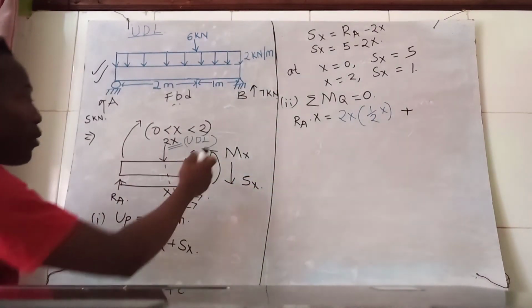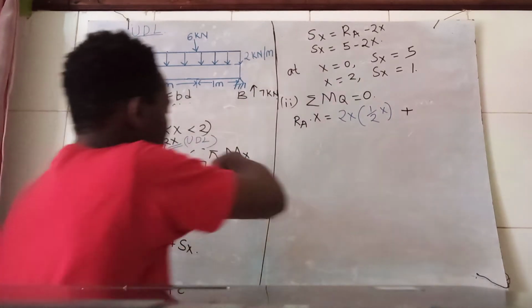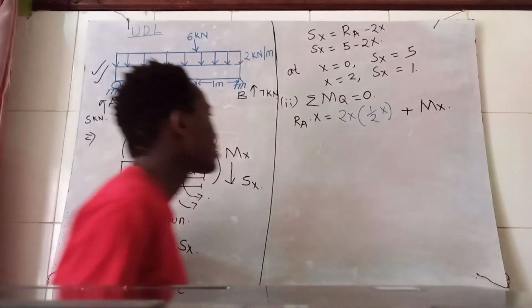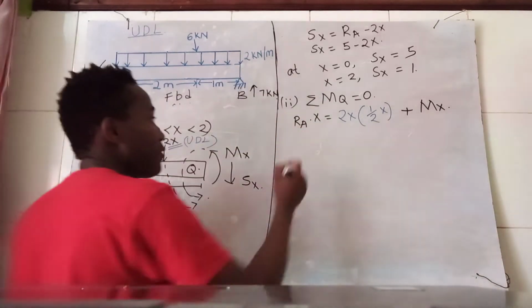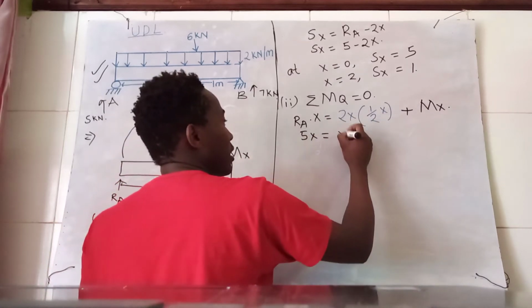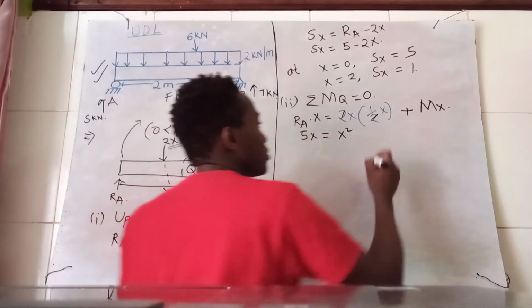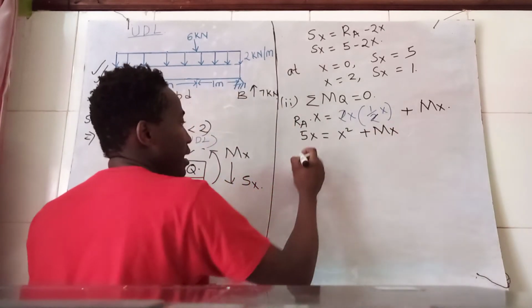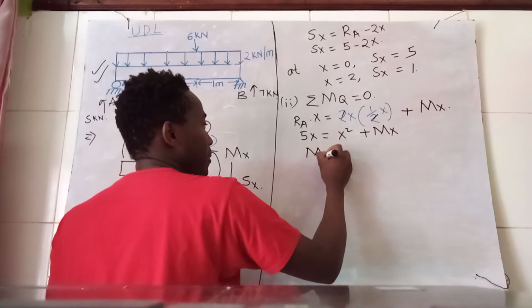Plus the moment Mx is acting also in that direction, M of x. So RA was 5. 5x equals x squared, 2 and 2, plus M of x. Make Mx the subject.